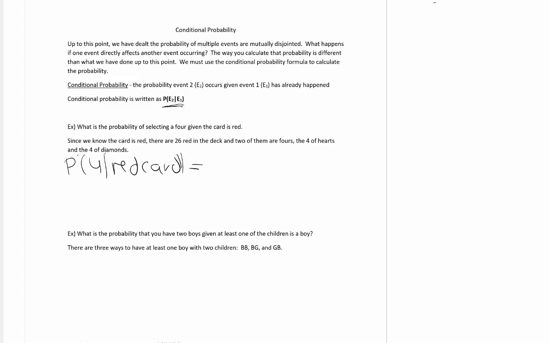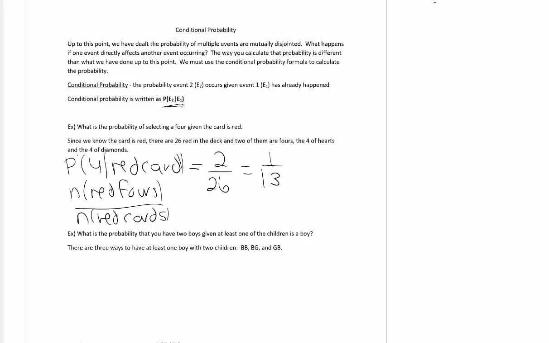We want to take a look at the number of red 4s over the number of red cards. How many red 4s are there? There's 2 of them, the 4 of hearts and the 4 of diamonds. And how many red cards are there? That is 26. And that simplifies down to 1 over 13.